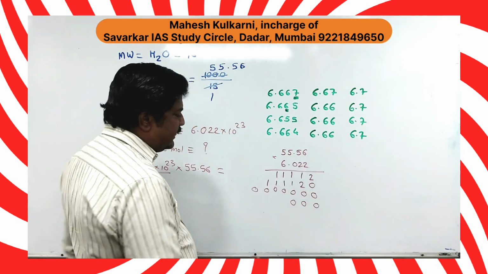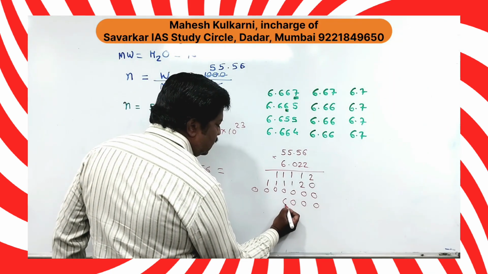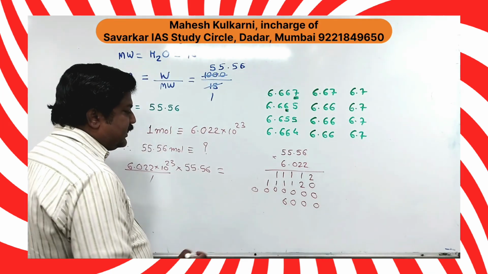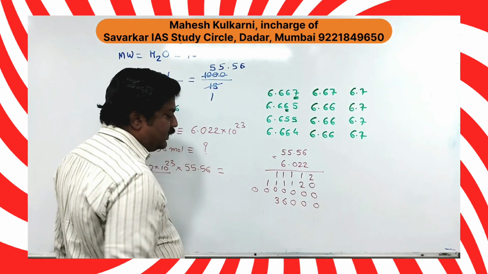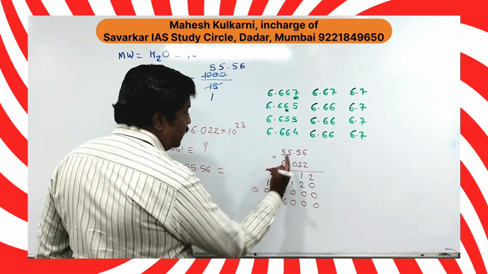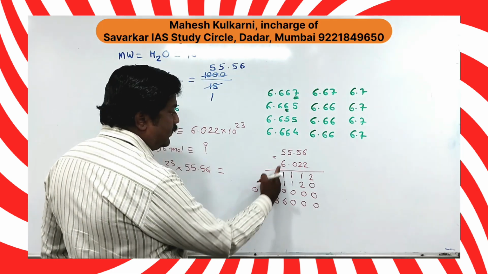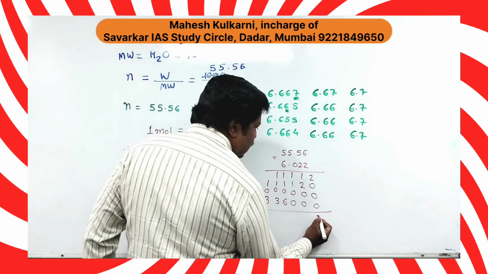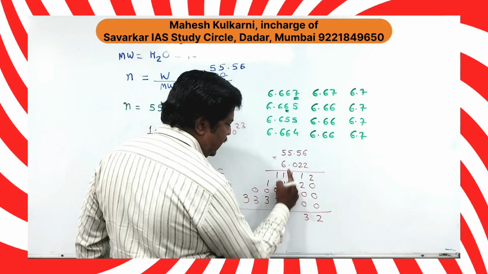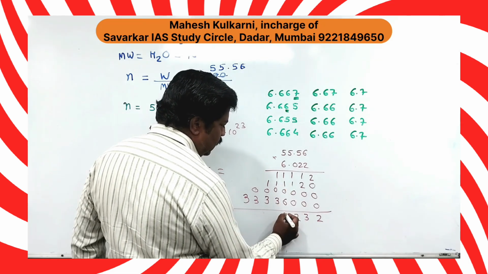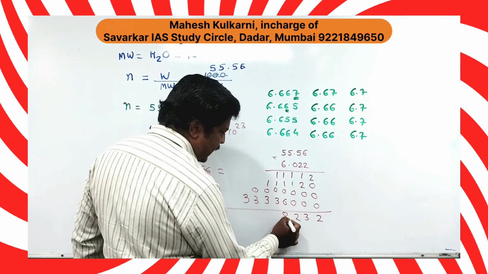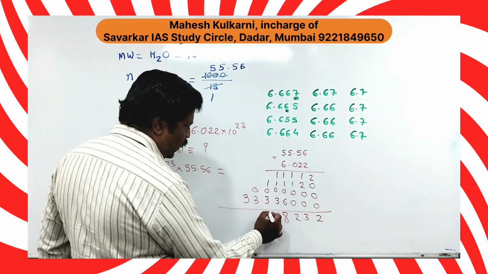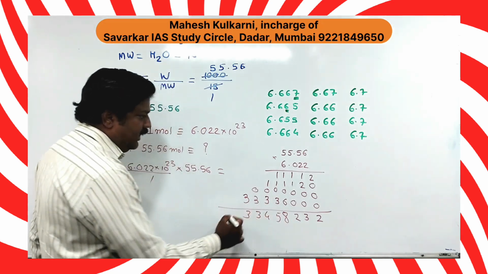And now multiply. 6 6s are 36, carry forward 3. 6 5s are 30 plus 3, 33, carry forward 3. Again the same, 33, carry forward 3, and 33. Now adding: 2, 3, 2, 2 plus 6, 8, 5, 4, 3, 3.